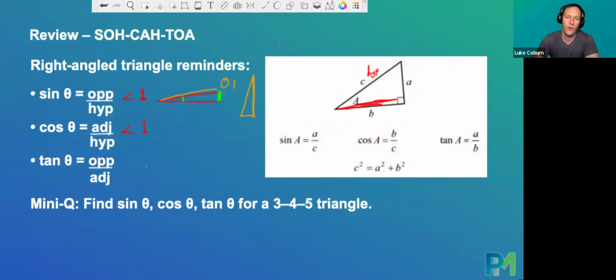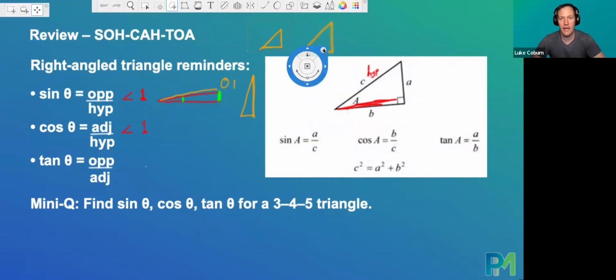And what's more, let's draw a quick triangle like so. In this triangle, we could pick an angle and get values for sine, cos, and tan. And we would get those same answers again if we made it bigger.